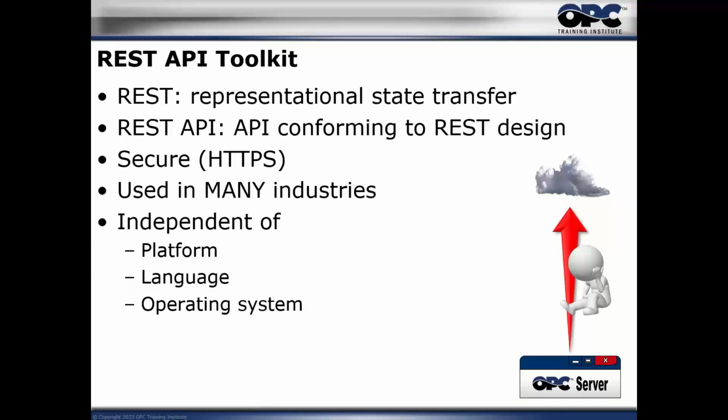So whether you're using C, C++, C#, Java, JavaScript, Python, Ruby, PHP, VB, it doesn't matter. If they have web access, most likely they're supporting REST API. And of course, the operating system is irrelevant too.